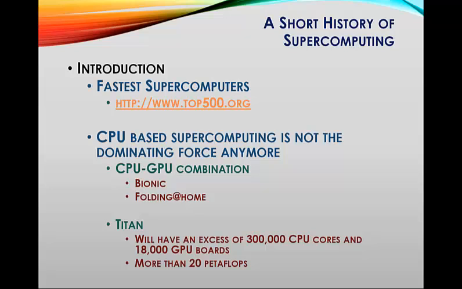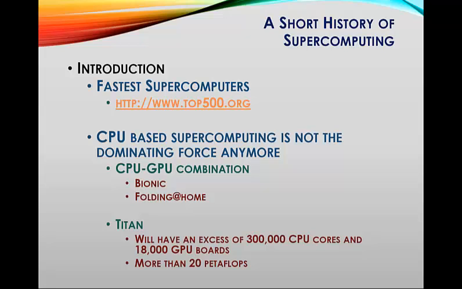Now that being said, you can see, from the Top 500 website, certain supercomputers out there that are utilizing a CPU/GPU combination to create a massive amount of processing.